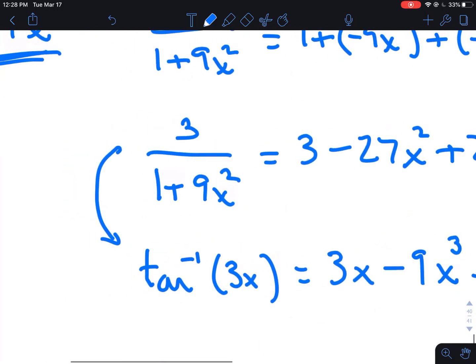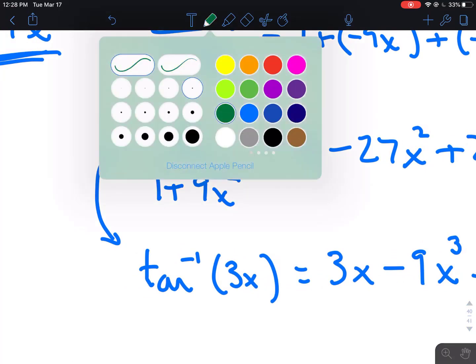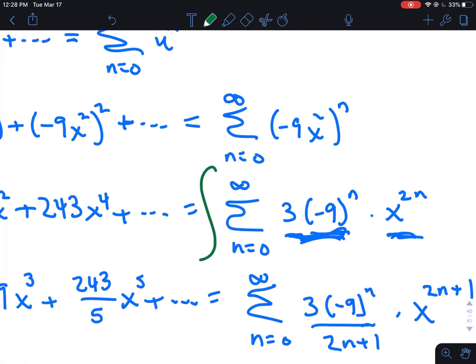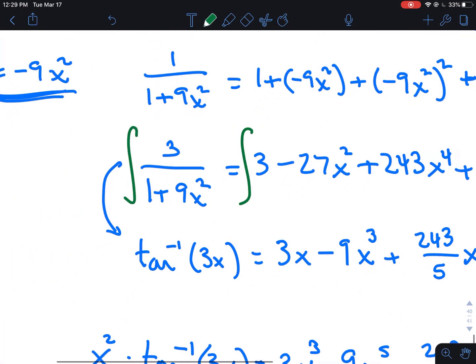So if I integrate, and I'm going to put little integral symbols here, of course we want to integrate on all 3 sides. If I integrate on the left-hand side, this closed form function, we should get to tangent inverse of 3x, because this bit right here that we built was the derivative of tangent inverse of 3x.